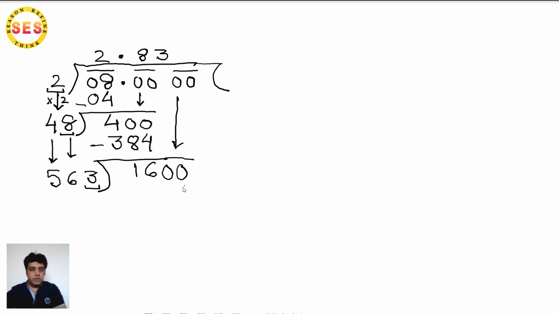But the moment you write this down, you will come to know that the interim dividend that you get here is a number which is greater than 1600. So you'll have to go back again. So once you go back, you will see that you are supposed to write down a 2 here, which in this case is the solicited units digit which was required. So which in this case now becomes a 4.